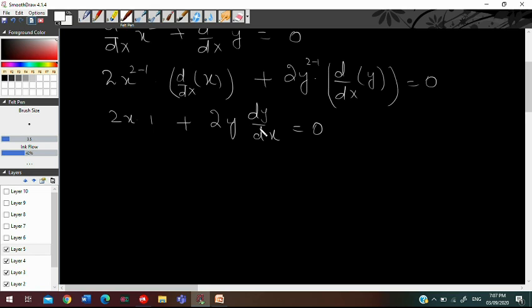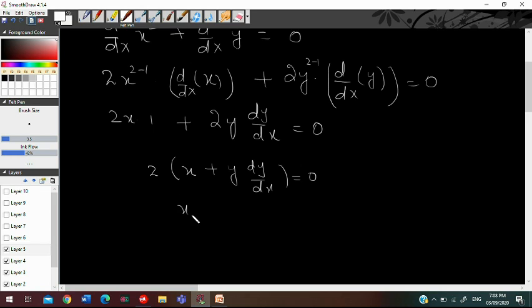Now if you simplify this equation, we take 2 as common, so x plus y dy by dx is equal to 0.